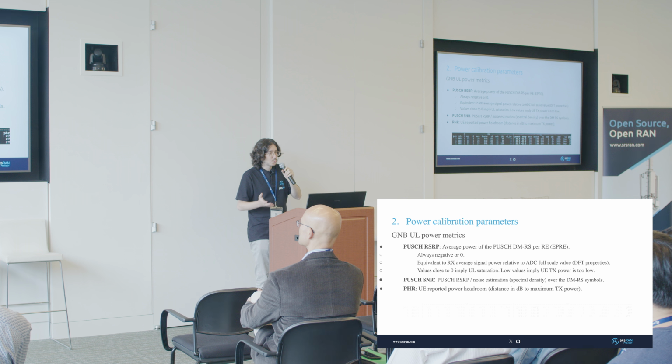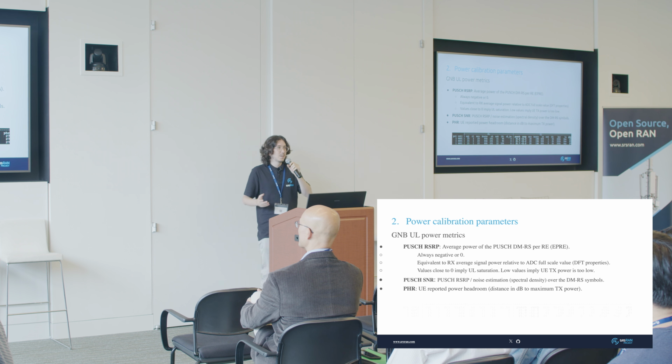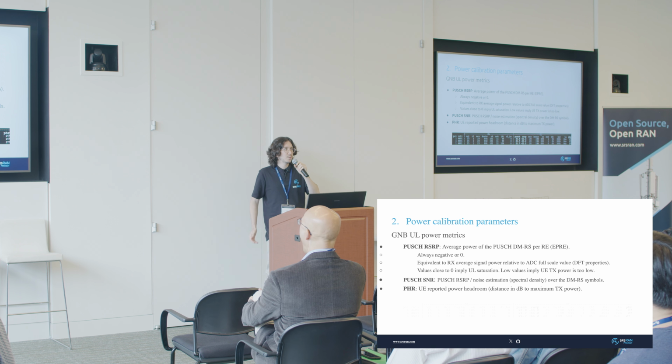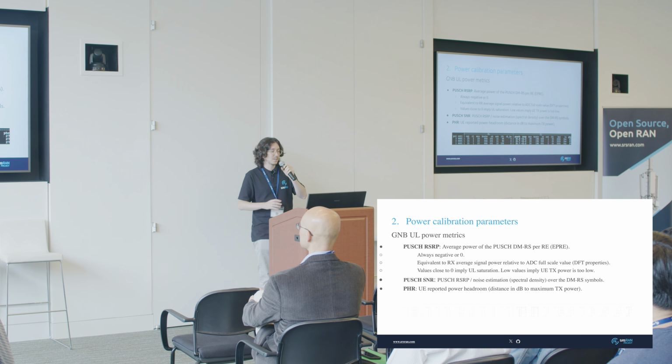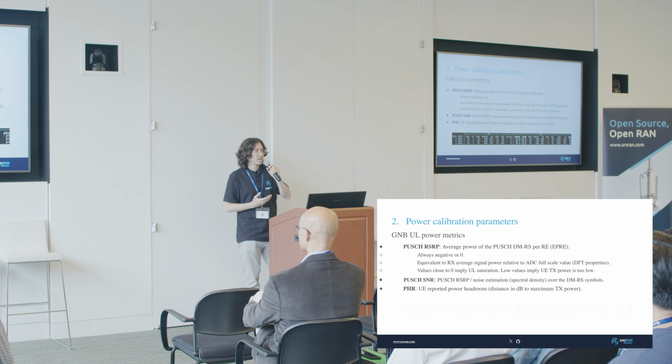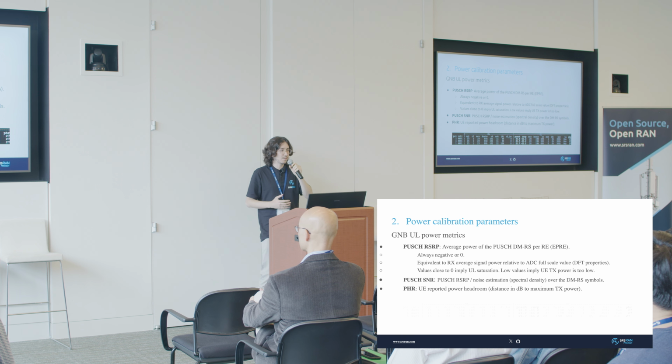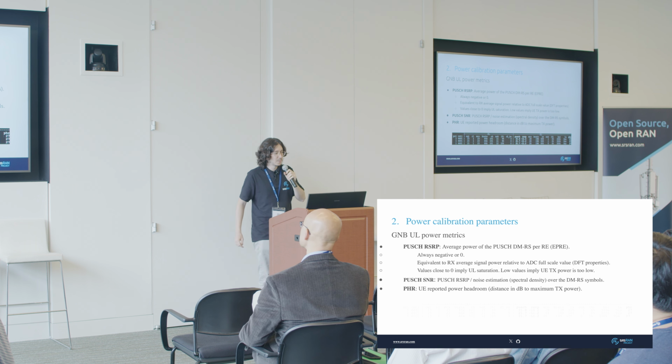Values close to 0 probably also imply saturation, because this is an average power metric, and 5G signals, because they use OFDM modulation, have a relatively high peak to average power ratio, abbreviated PAPR, which means that you need to have some level of overhead to accommodate for this. So in my experience, when srsRP is between minus 10 and minus 20 dB relative to full scale, it's probably a sweet spot for this metric.